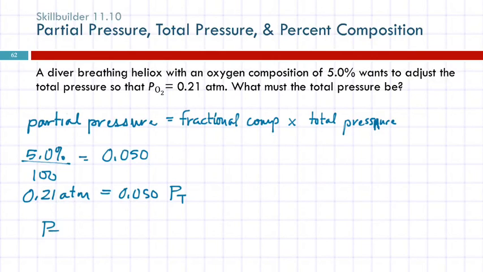So the total pressure then needs to be 0.21 atmospheres divided by 0.05. It's 4.2. So you'd want the total pressure that you were breathing of that gas to be 4.2 atmospheres.